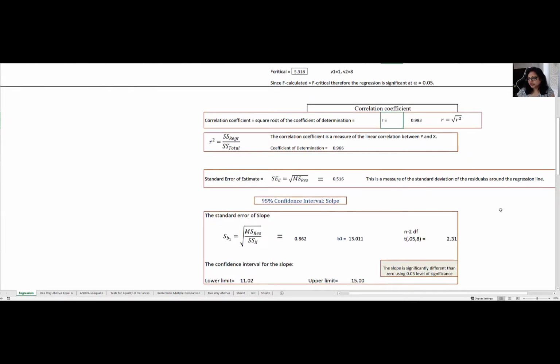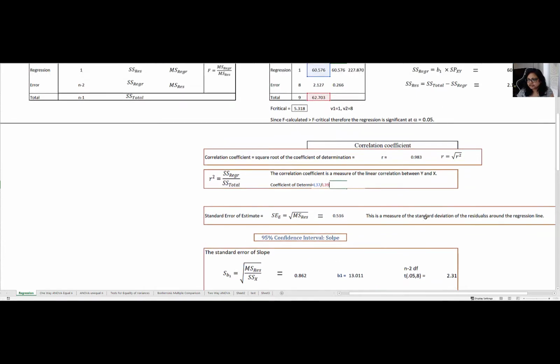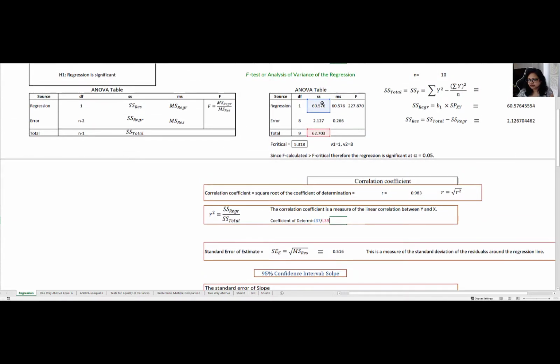And the coefficient of determination, the correlation coefficient, you already found that from the coefficient of determination. In the coefficient of determination, what we try to see is, if we have the regression line, how much we are explaining using the independent variable we have.